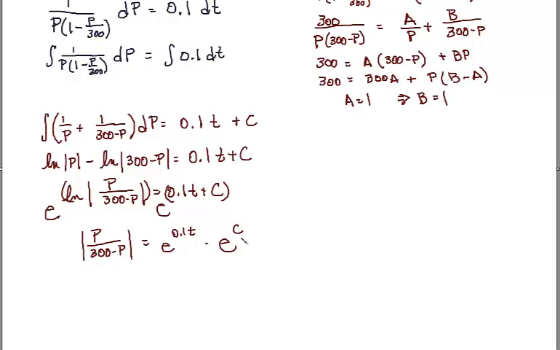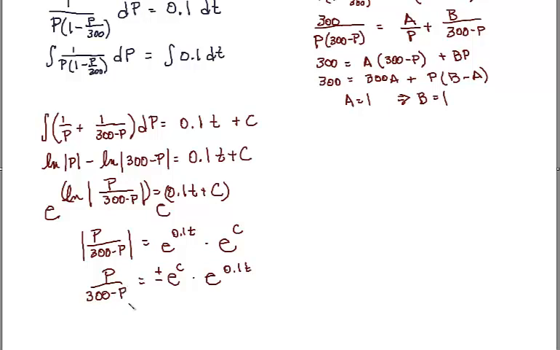And then the next thing, I want to get rid of these absolute values. So since this thing is always going to be positive, it's this guy that I need to worry about. So let's write down that this e to the c is positive or negative e to the c, so that I can get rid of those absolute value symbols. It makes that look prettier for me to solve it. And 300 minus p.